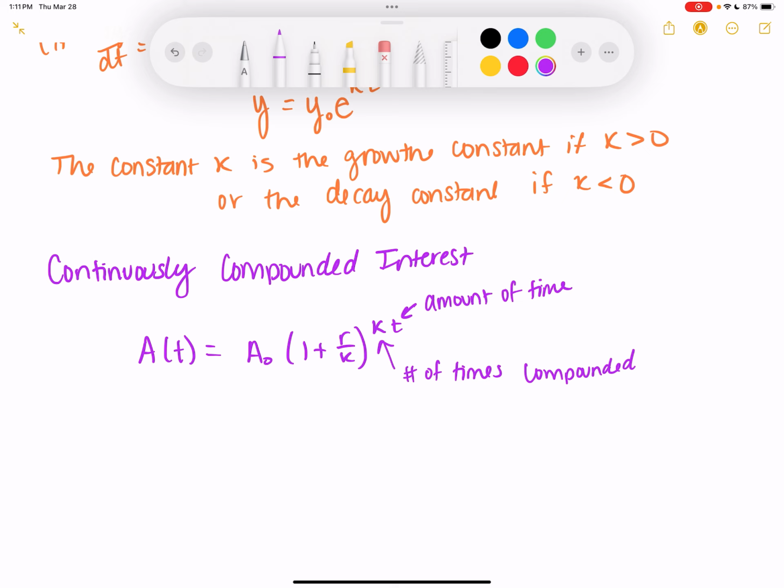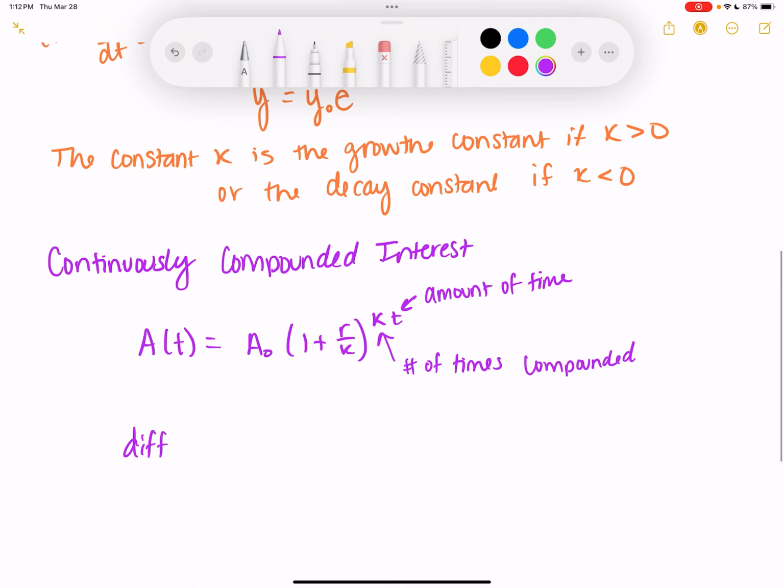So we can also do this, instead of it being in discrete intervals, we can add interest continuously at a rate proportional to the amount in the account. And so the growth of the account with the initial value problem, we can have the differential equation dA/dt is equal to r times A with the initial condition that A of 0 is equal to A sub 0.